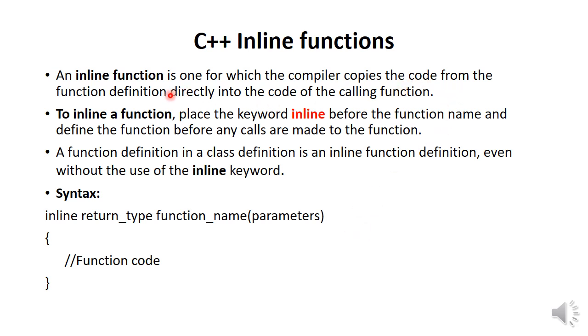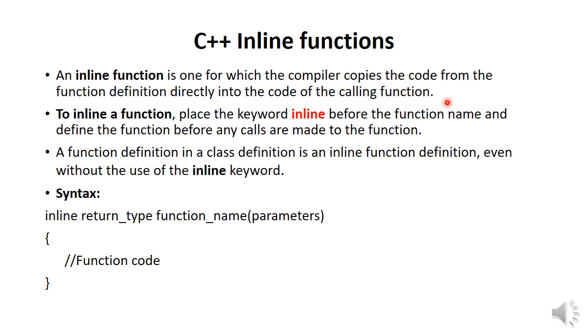During the compilation and execution of a C++ program containing a user-defined function, if you have defined an inline function, the compiler will copy the code from the function definition directly into the calling statement in the calling function.